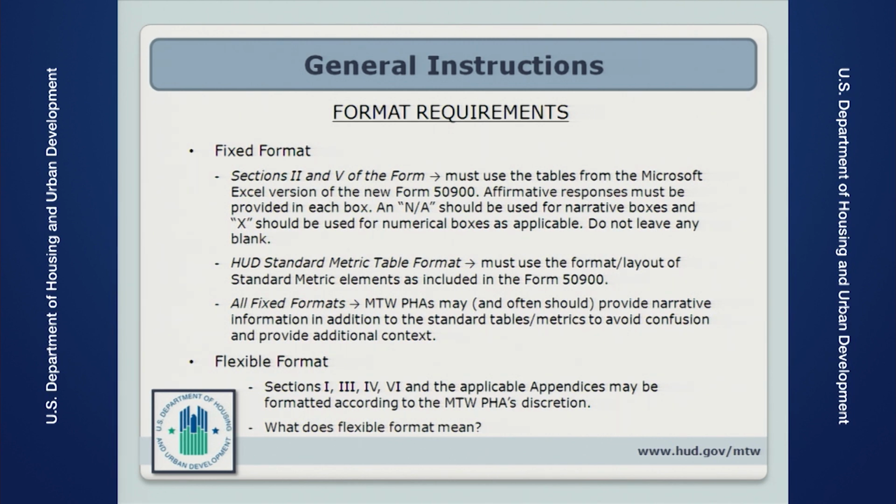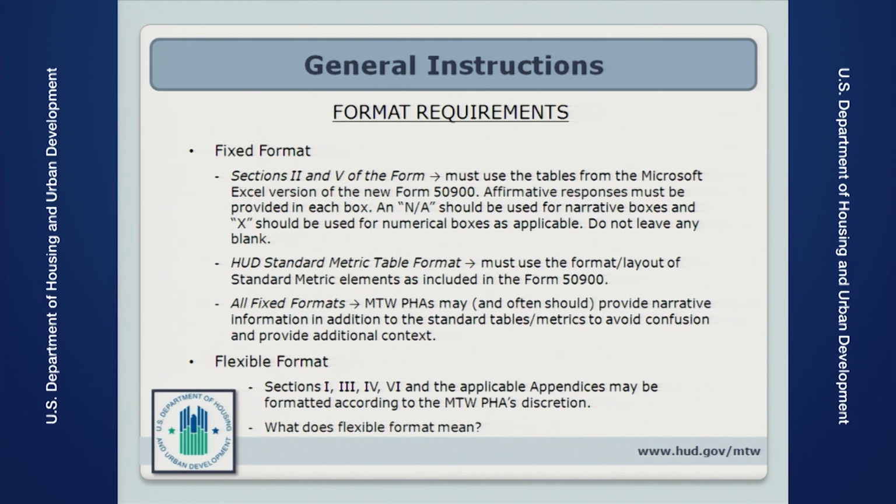We would just ask that you keep the format of the tables. Similarly to those metrics that you may be providing above and beyond the standard metrics, we would ask that they look as close to the regular standard metrics tables as possible if that's something that you all can do.